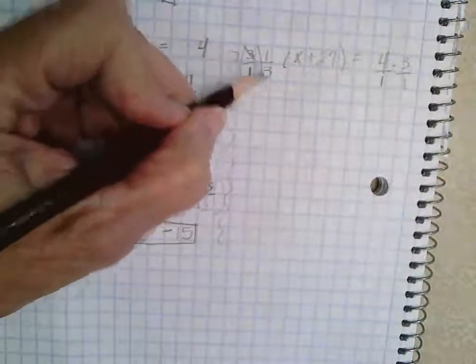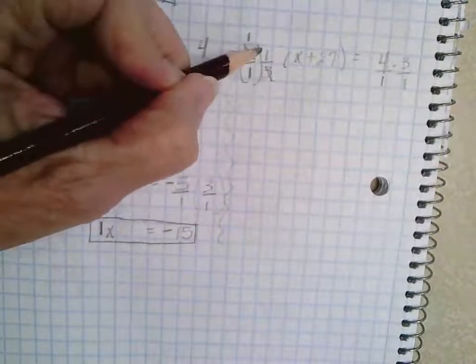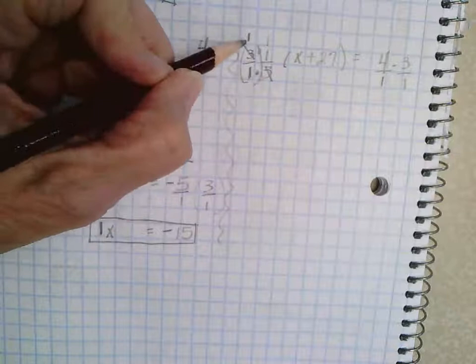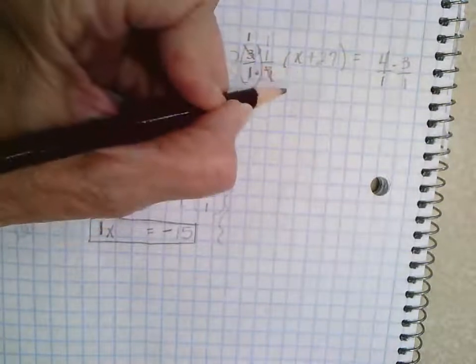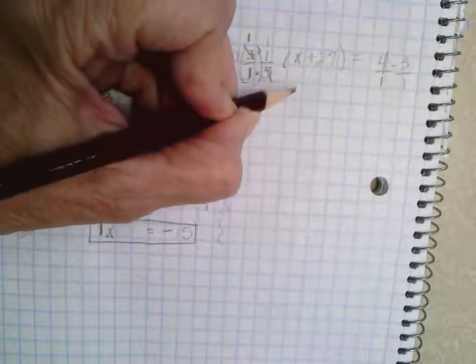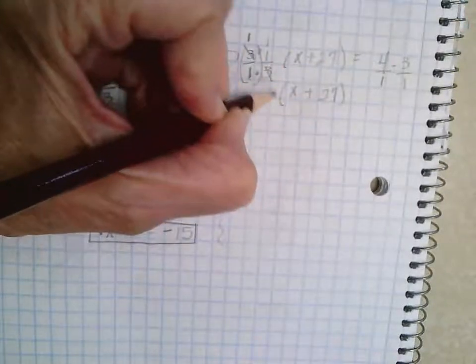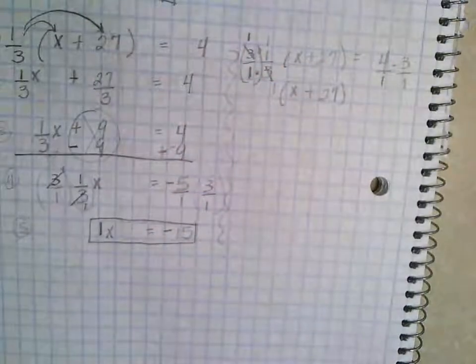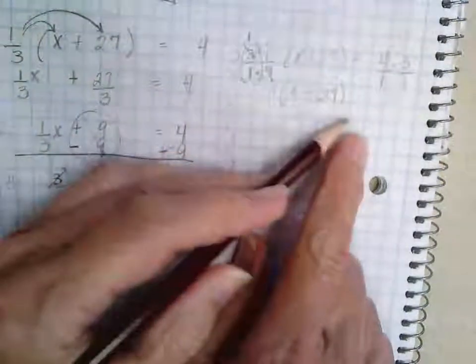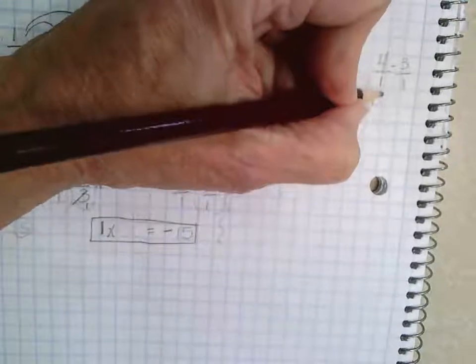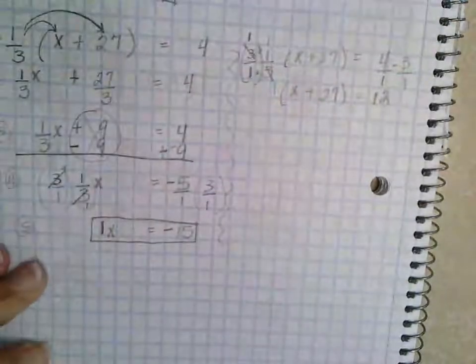These will cancel, so I'll just have 1 times 1 and 1 times 1, and so that simplifies to just x plus 27 times 1, which is just x plus 27. And on the right hand side, I have 12.